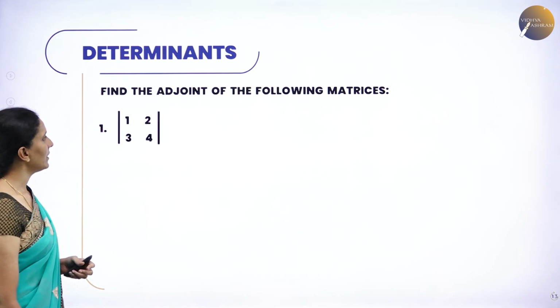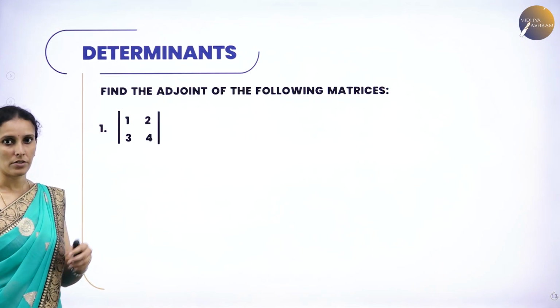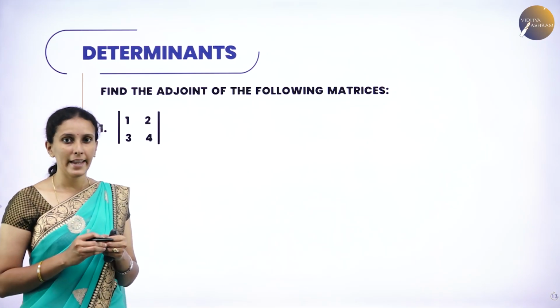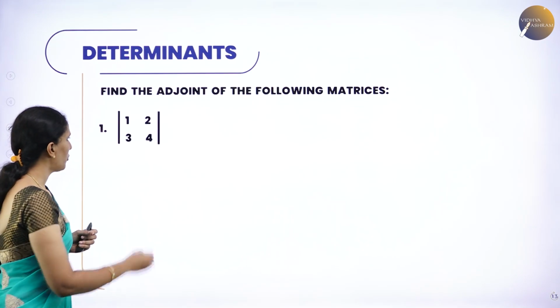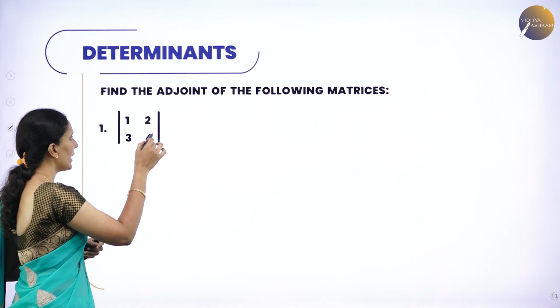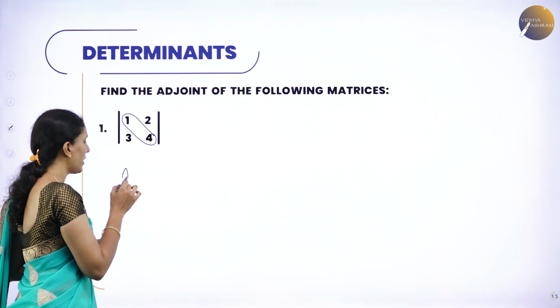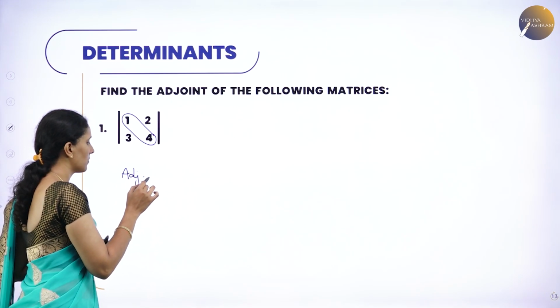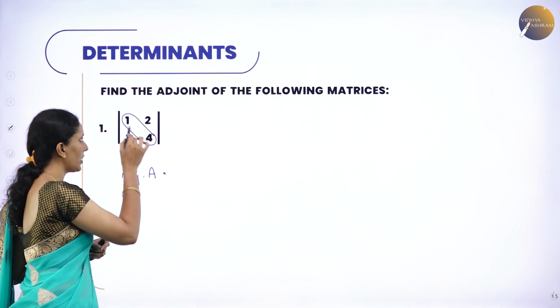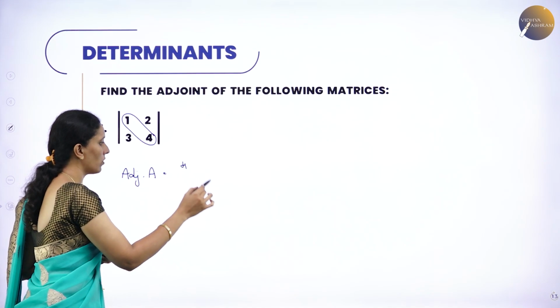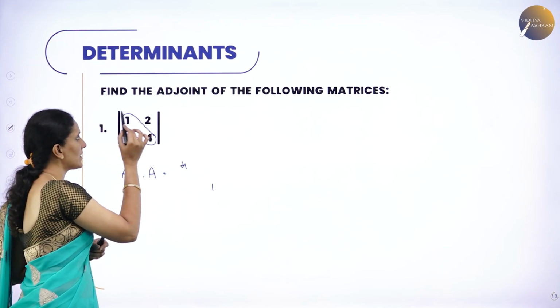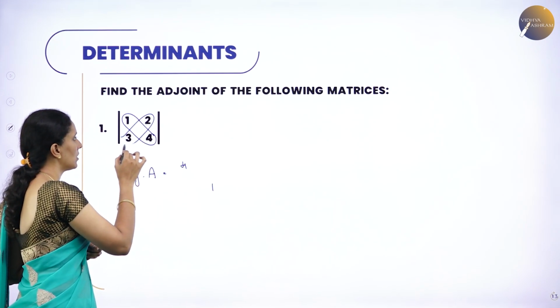Next is to find the adjoint of the following matrices. So here the matrix A is given. Now to find the adjoint of this matrix, interchange the principal diagonal elements. So that is, adjoint A is equal to, interchange these two, that is, we write 4 and 1, and change the sign for the other elements.